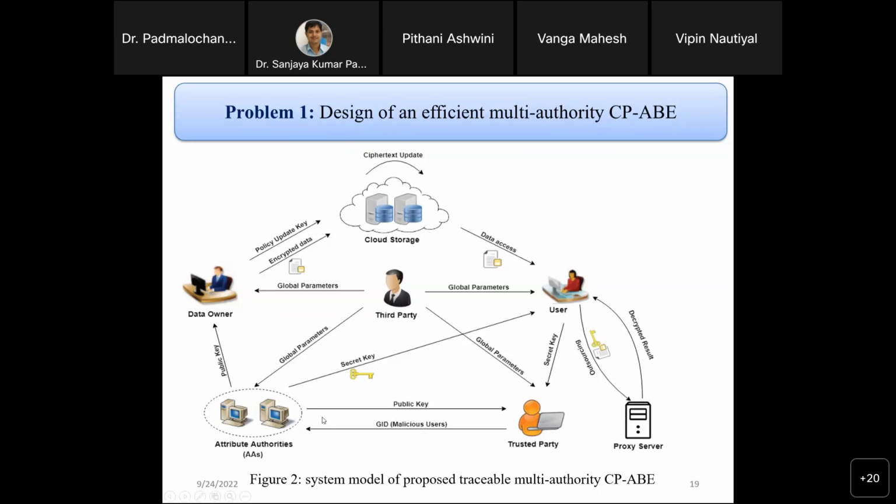Then attribute authorities find the malicious users in the corresponding domain, and can take necessary actions, like discarding or removing the users. So this is the overall architecture of our proposed system.